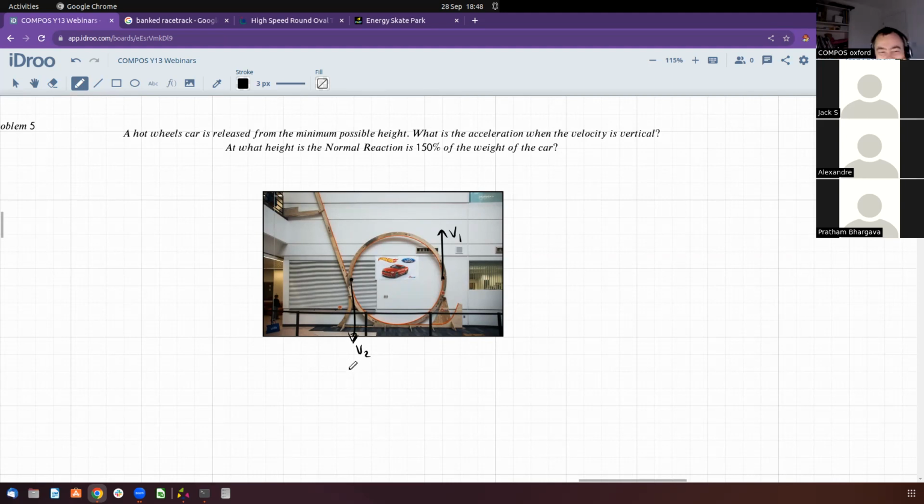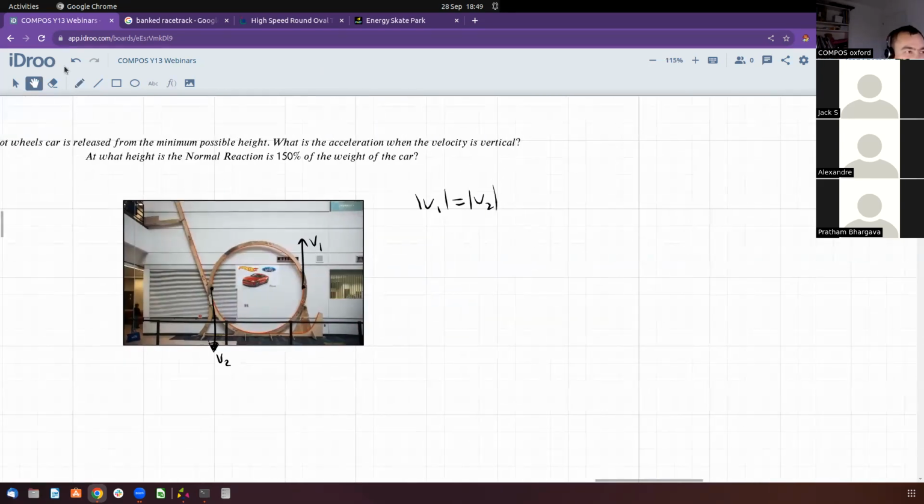The speeds are the same. Yes, thank you. Velocities are, of course, different, I'm sorry, but the speeds are the same. Modulus of V1 is equal to modulus of V2, by conservation of energy. Of course, we're talking about a smooth track. I haven't mentioned that, but we assume it's a smooth track. Spherical horse in a vacuum.